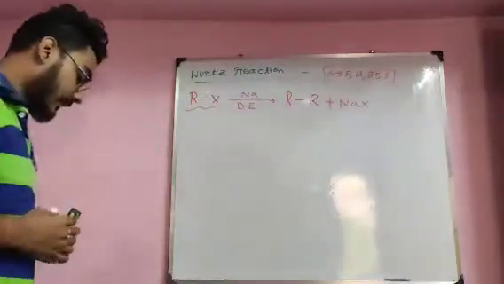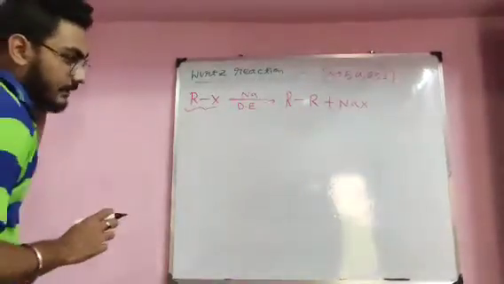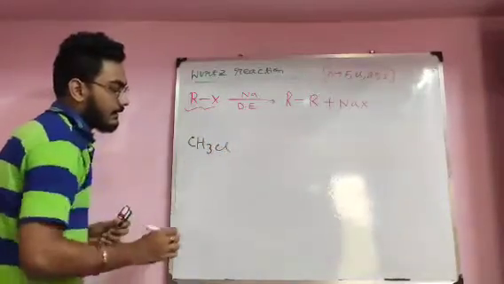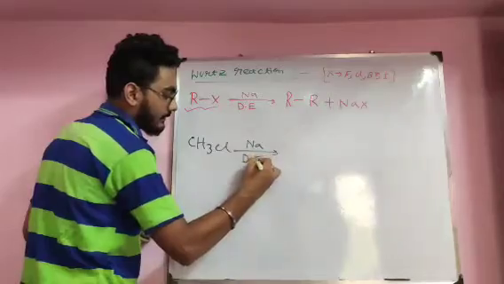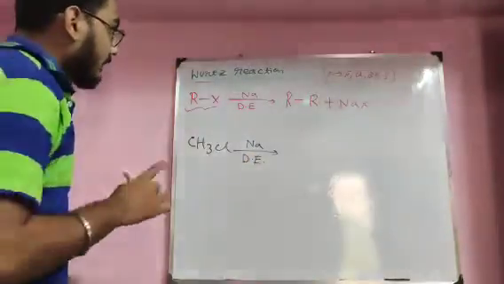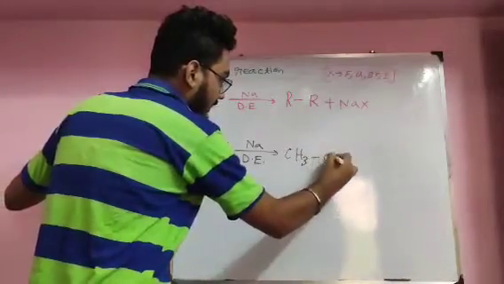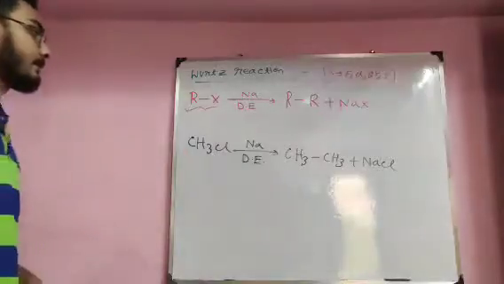Now if we take an example, CH3Cl, and if we give the reagent sodium and dry ether, then the product will be CH3-CH3 plus NaCl.